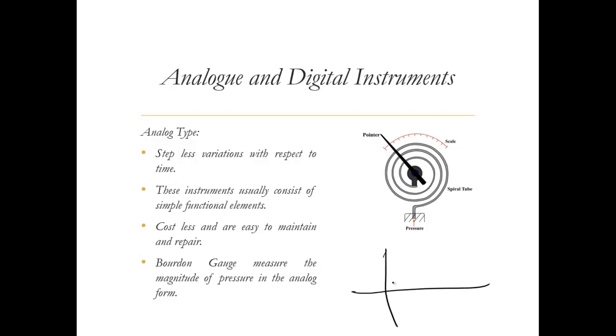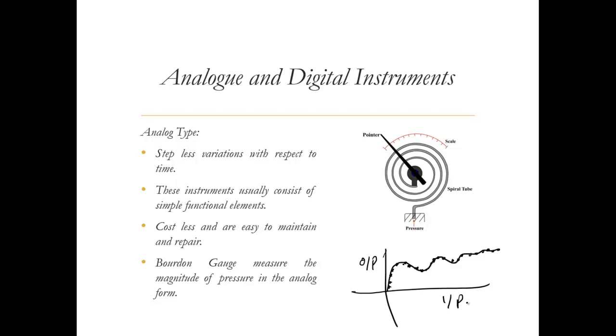If you want to measure it or show it on a graph, the output could be like this. If we call this output and this input, we have a continuous signal, so for each input we have some output. This is also called a stepless variation, or continuous variation, or a continuous signal.